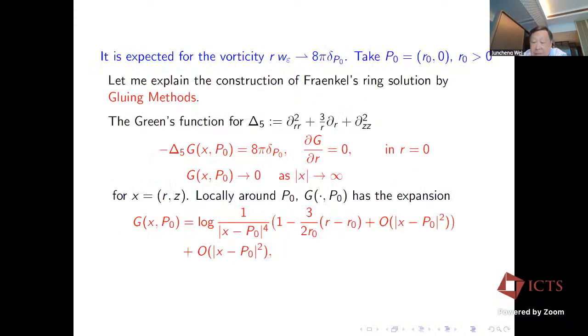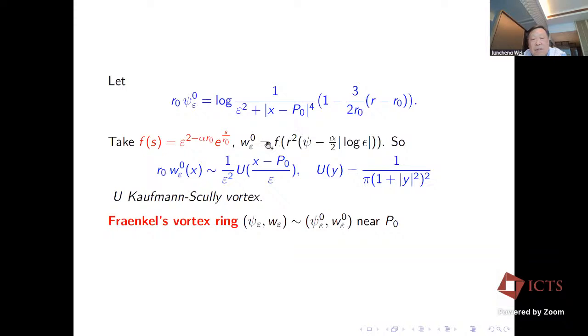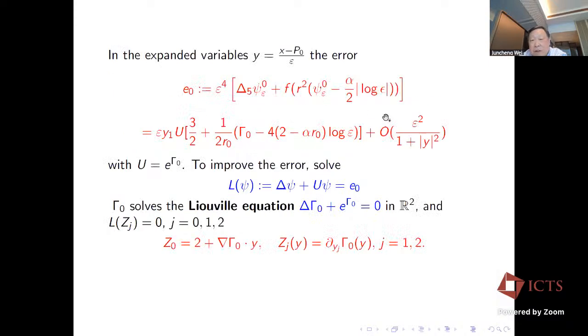And so let me now explain the construction of the ring solution by the Green method. Suppose you have a concentration at some r, okay, and you expand the Green's function, and you take the famous Newtonian potential. You assume you have a Newtonian potential as the ansatz, and you plug it in, and you compute the error.